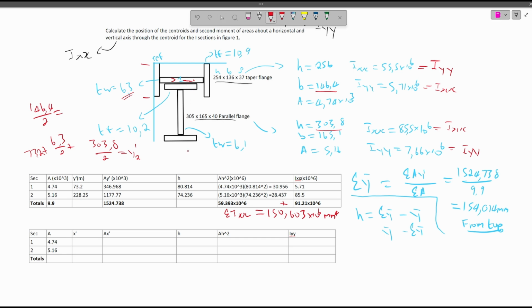Our X bar will come from this side, going to the center of shape 1, which is also the center of shape 2.